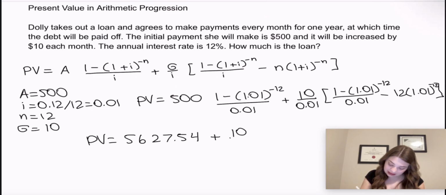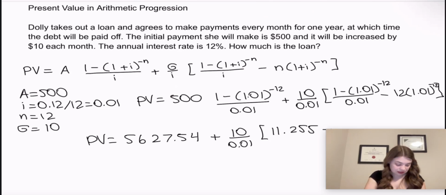So here we're going to have 10 over 0.01 times 11.255 approximately, for this part, and then minus, let's see what this is, 1.01 to the power of negative 12 equals, times 12 equals, 10.649 approximately, like that. And then let's figure out what that is. So 11.255 minus 10.649.